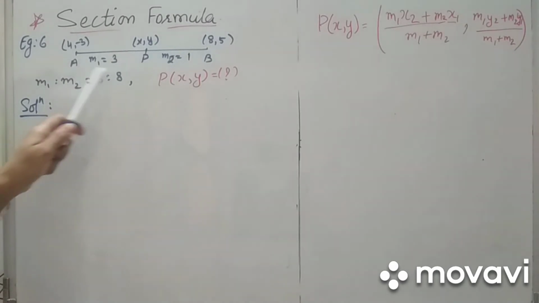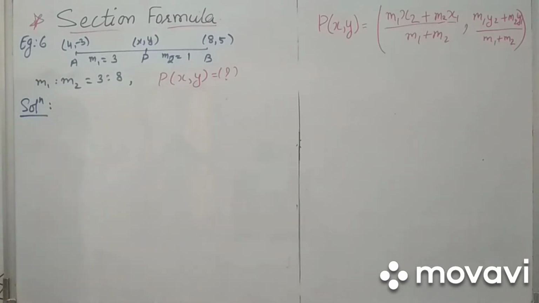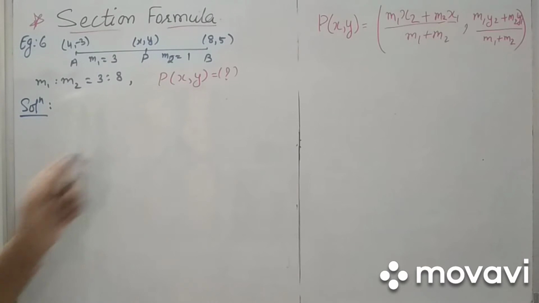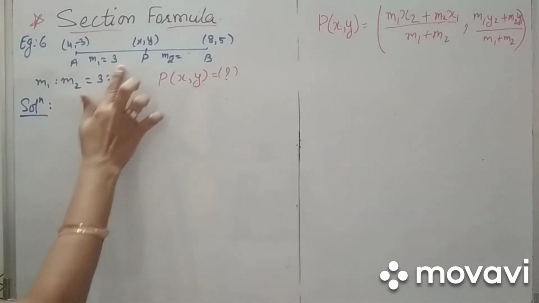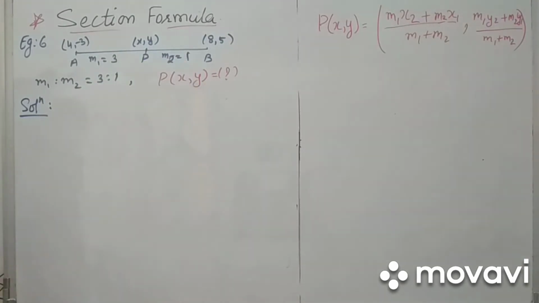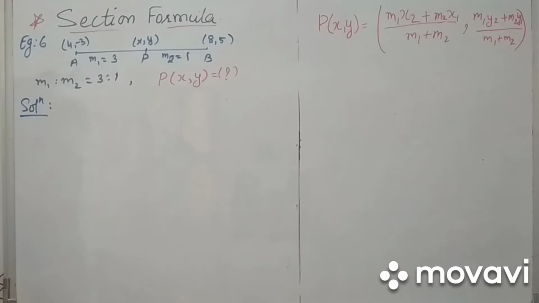And the ratio in which point P is dividing this line segment, M1 is to M2, is 3 is to 1. Now we want to find out the coordinates of point P. We are writing them as x and y.